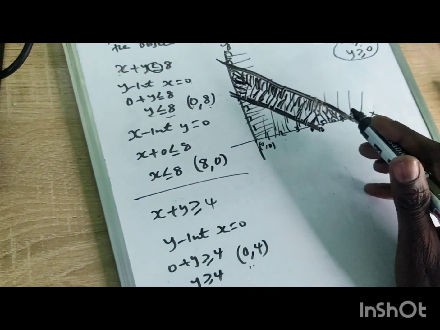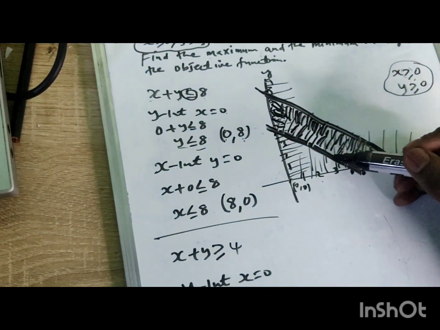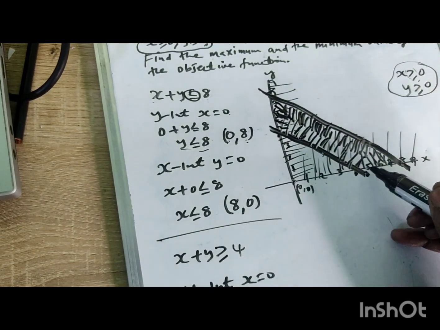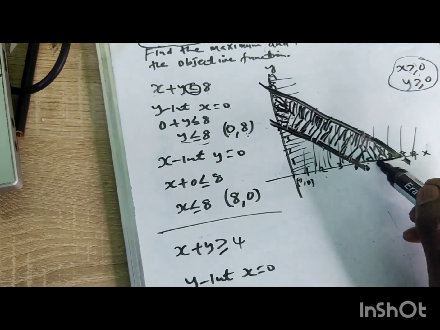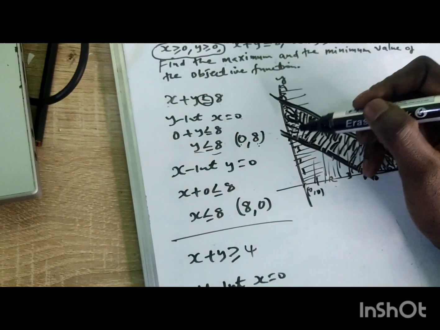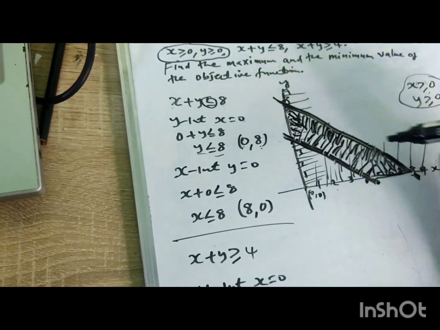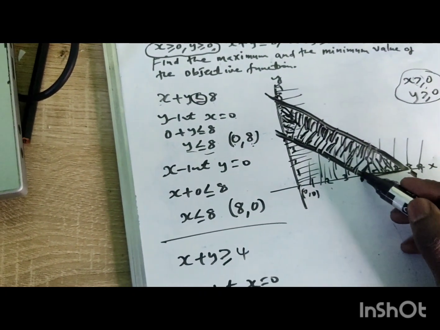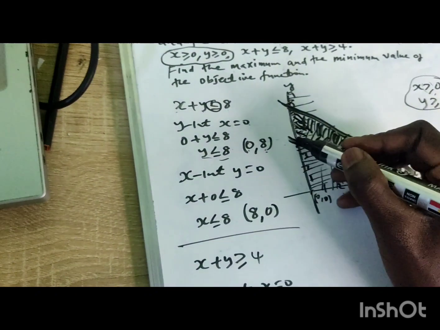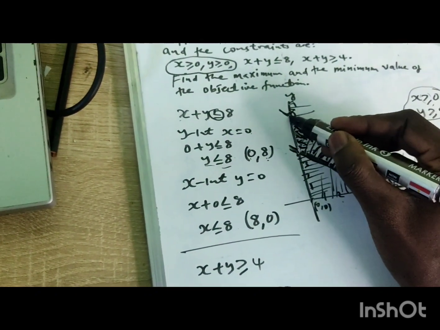Okay, now we see the graph. You have this line that shades this way, and this line that also shades this way, and this line that also shades this way. And now we have boundaries here. We have a border here, and a point here, and a point here, another point here.